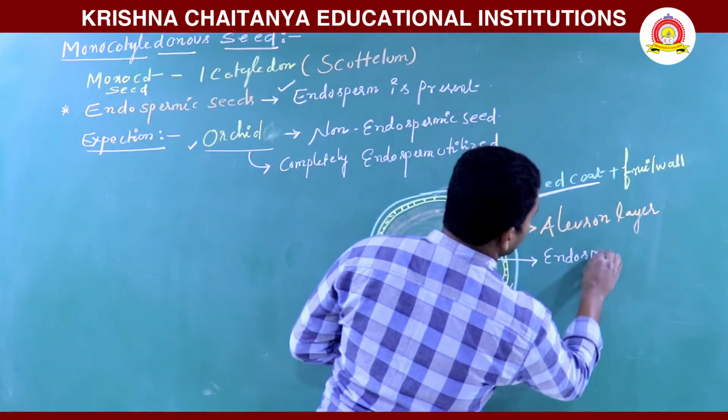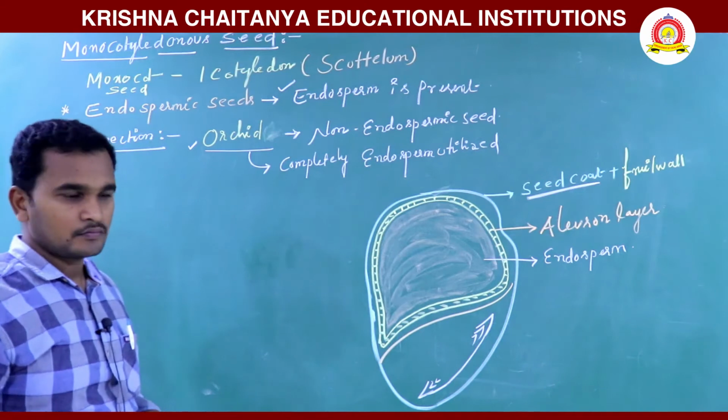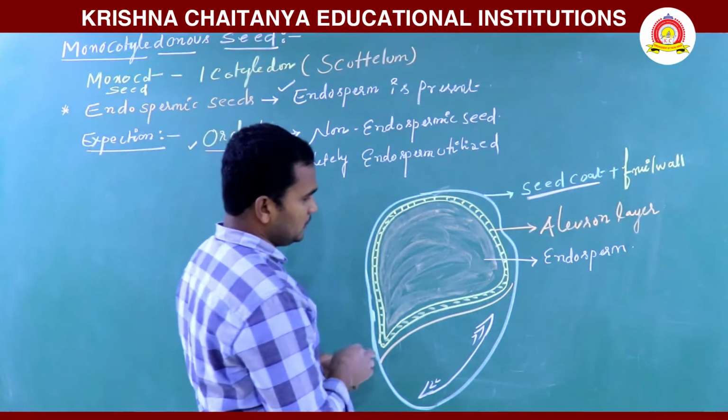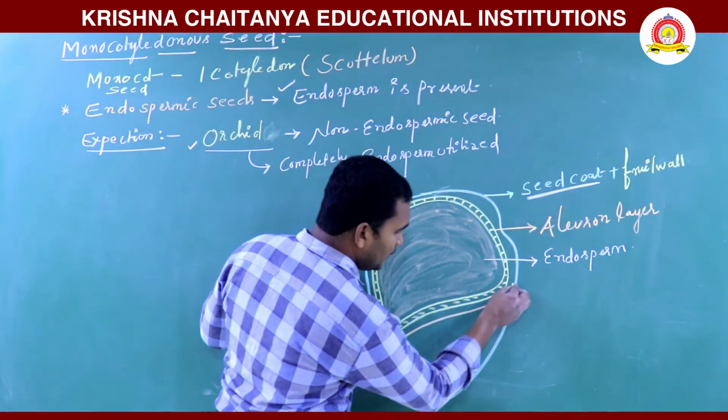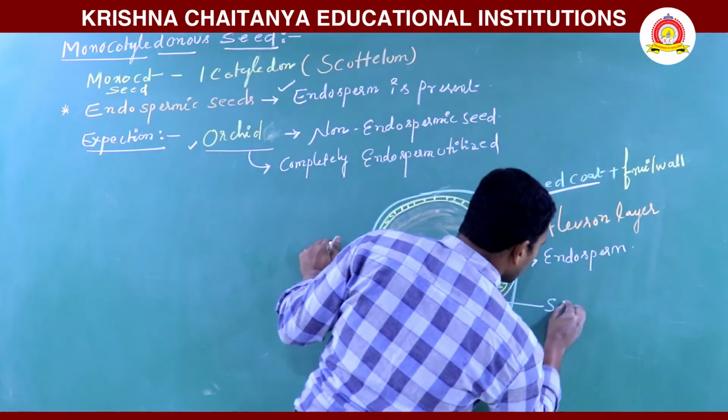Next, this is called the endosperm. Here this is called the scutellum.